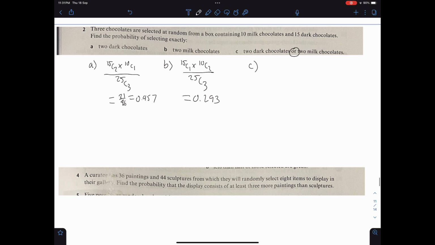So now I will have to change my answer from B to a fraction. So 27 over 92 plus 46. And we get 3/4. That's 0.75 if you didn't know.